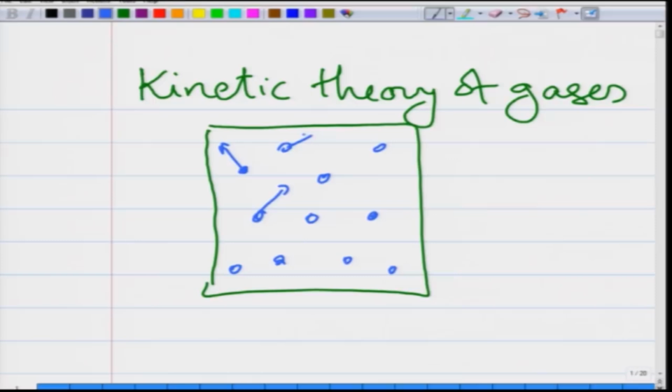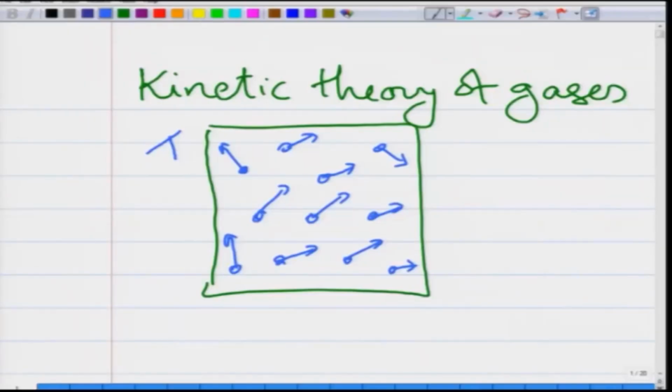These gas particles are enclosed in a chamber, and all these gas particles are moving around. The chamber is kept at a temperature T, and all these gas particles are moving around randomly inside. They undergo collisions with each other, and they also undergo collisions with the walls of the container.